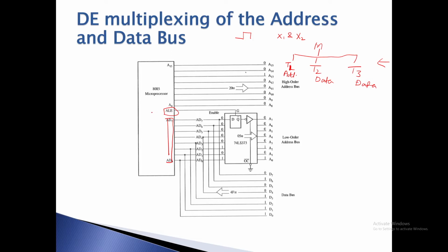If we make it logic 1, then the latch will be activated and make this lower order address bus act as the address bus in the second and third machine cycle through the latch 74373. This way, we can use the whole 16-bit address bus plus the 8-bit data bus, which is multiplexed with the lower order address bus.